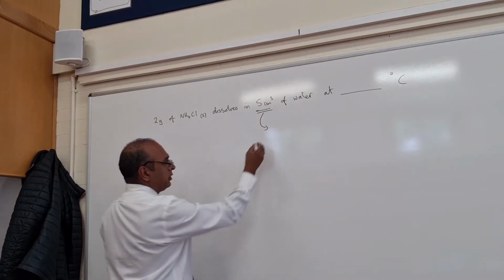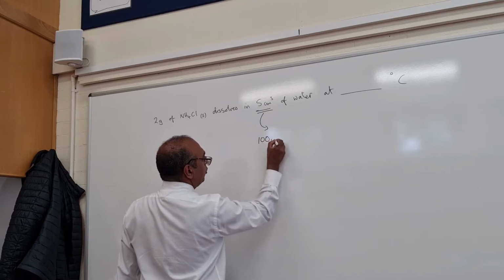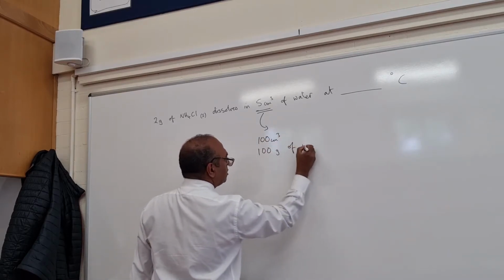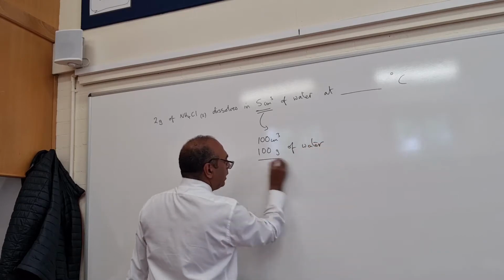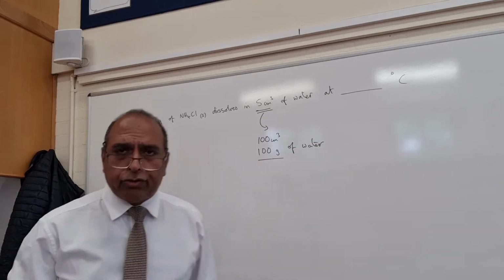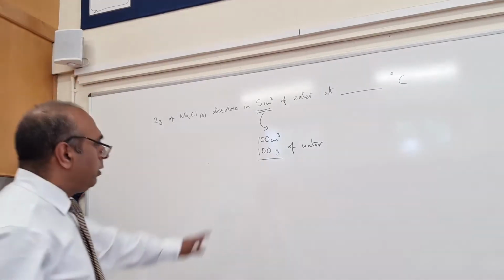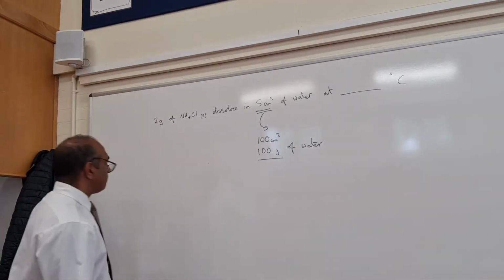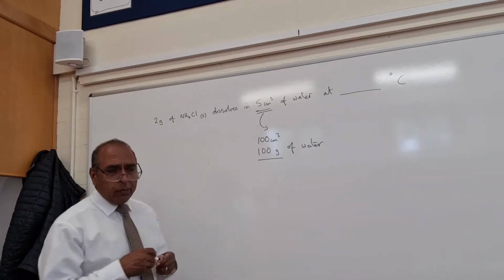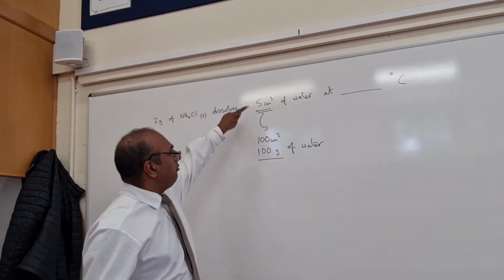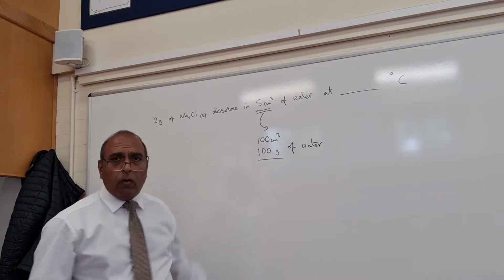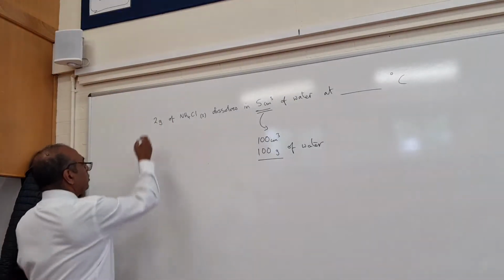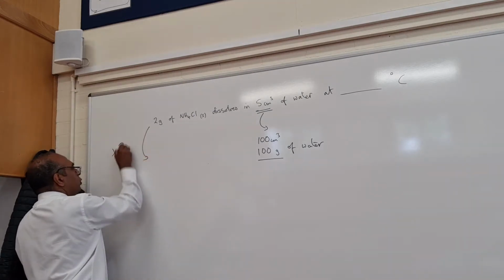We have to scale that up to 100 centimetre cubes, which is 100 grams of water. Remember, that is the industry standard. That is what we must scale to when we're talking about solubility. So how do you go from 5 to 100? Well, you have to multiply by 20.